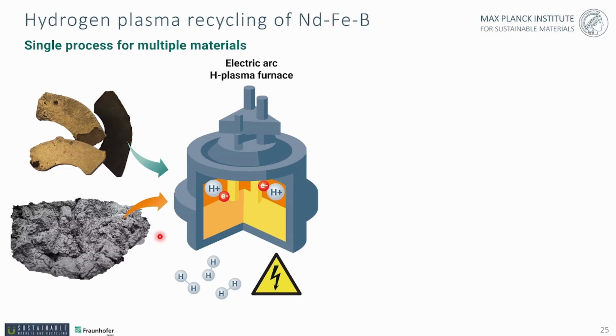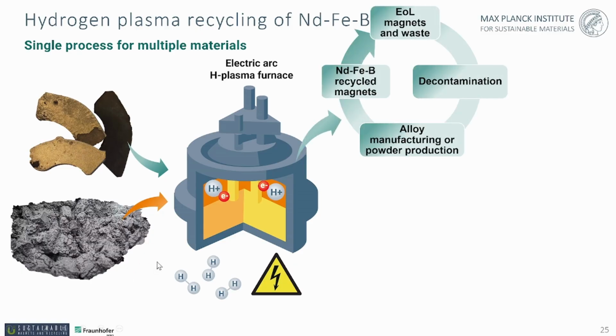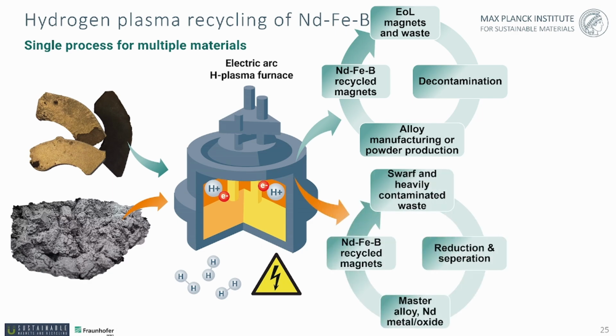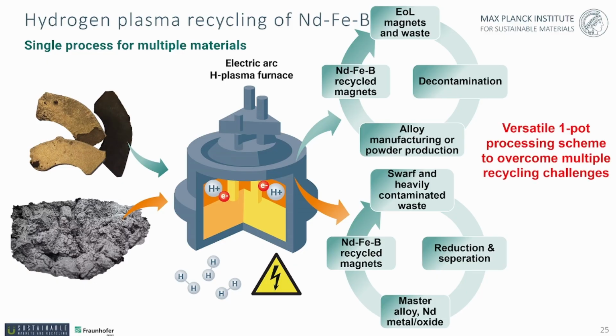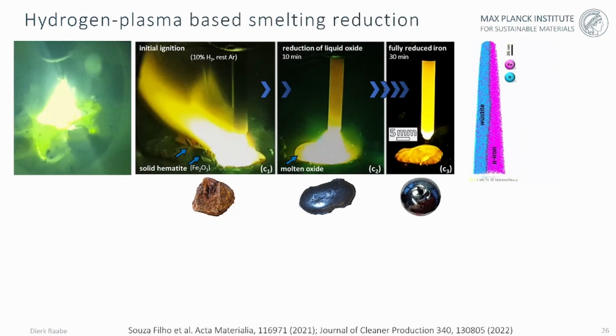And also swarf that comes from the production of these materials and from grinding and machining operations. We have a project going on where we subject these materials to the same type of operations, and this will be the subject of further presentations that we can give in the future. This is ongoing work, just to stimulate again some interest in these types of plasma operations.